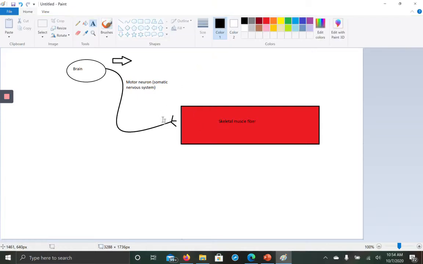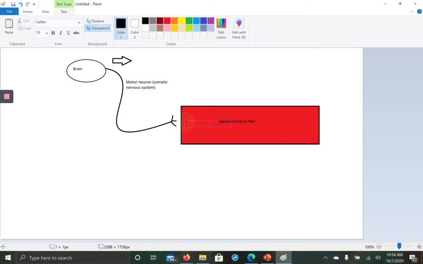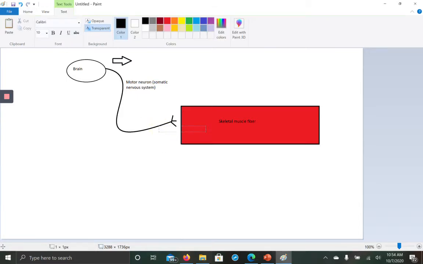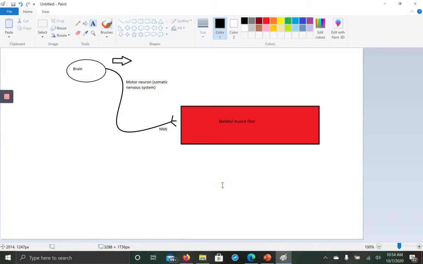Alright, this location where the end of the motor neuron gets really close to the skeletal muscle fiber is called the neuromuscular junction. So I'm going to abbreviate that: N for neuro, M for muscular, J for junction. The name is just telling you this is a location where the neuron and the muscle get really close together.